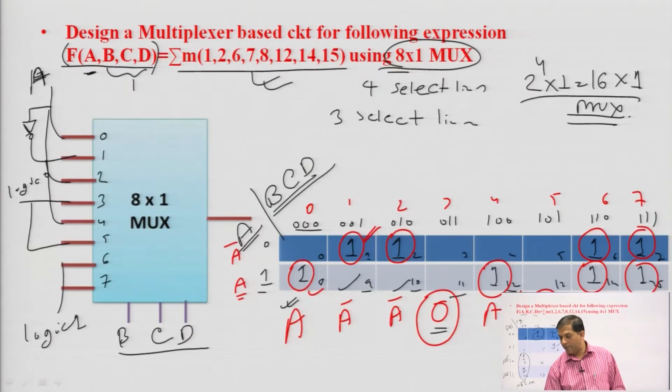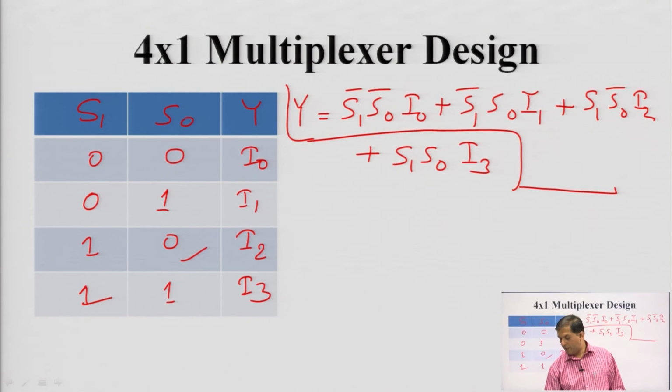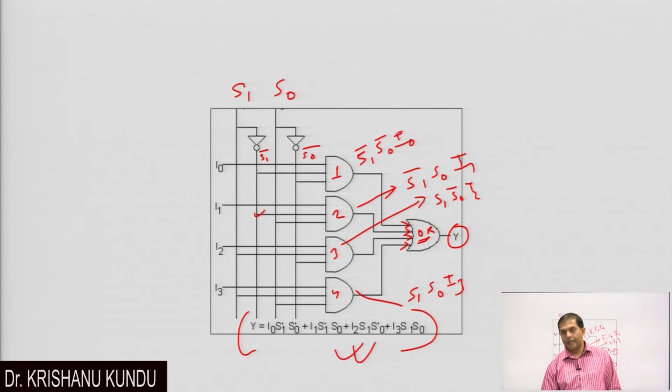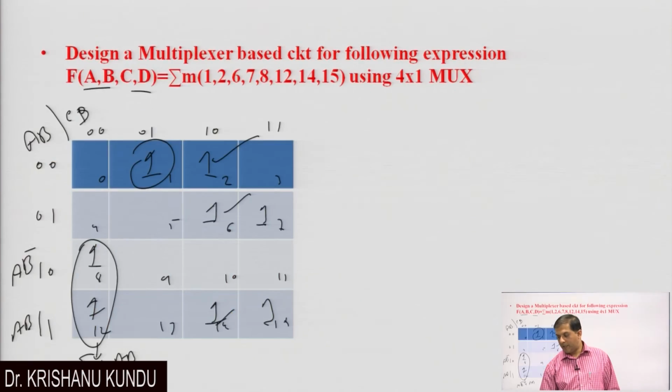Similarly, as we have designed this 4 cross 1 multiplexer like this, we can design the 1 cross 4 demultiplexer.